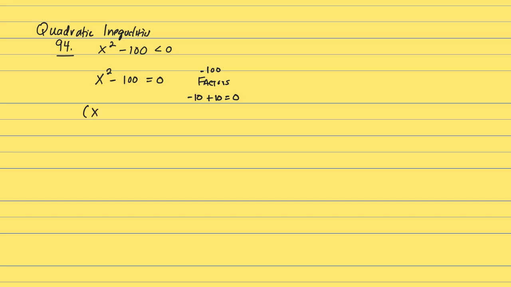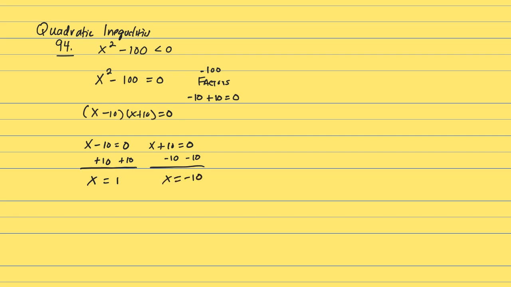So you have x minus 10 times x plus 10 equals 0. So you have x minus 10 equals 0, and x plus 10 equals 0. So you're going to add 10 to both sides, so you have x equals 10, and over here you're going to subtract 10 from both sides, and you have x equals negative 10. These are called critical values.